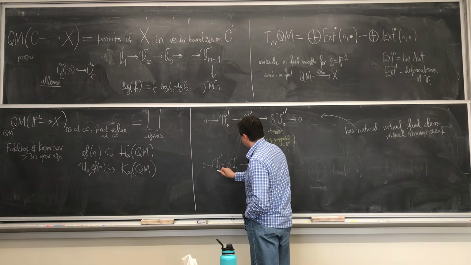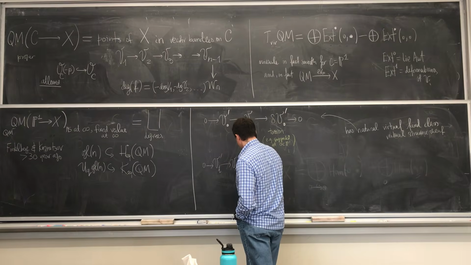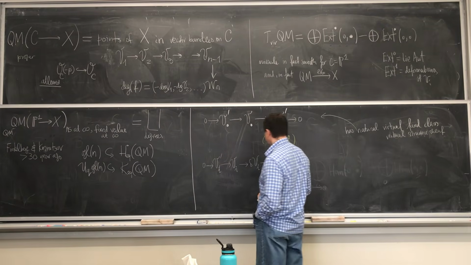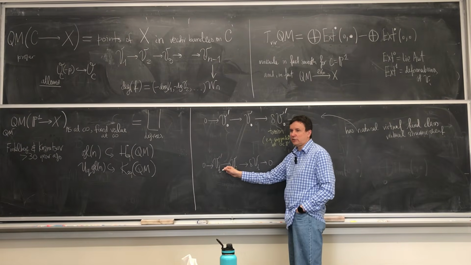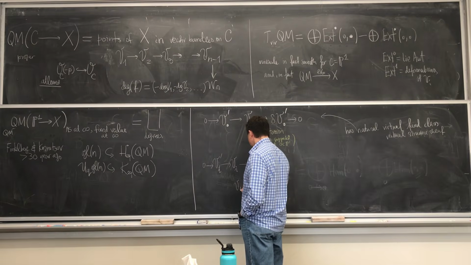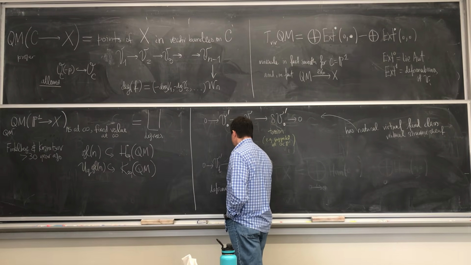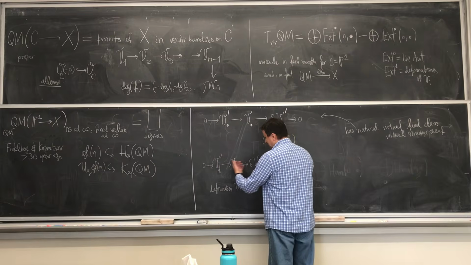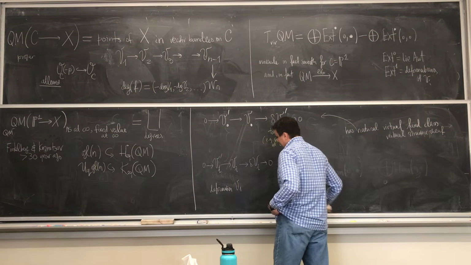So maybe call it I. You can deform the first arrow or the second arrow. These two arrows each determine the other. So deform one, deform the other. So we might as well deform the second arrow.